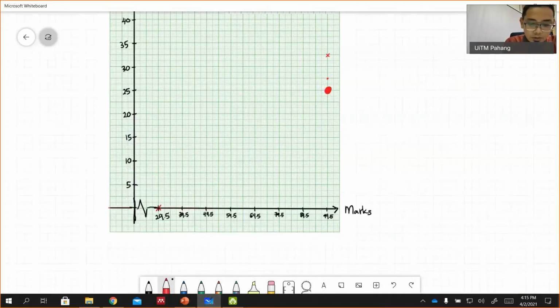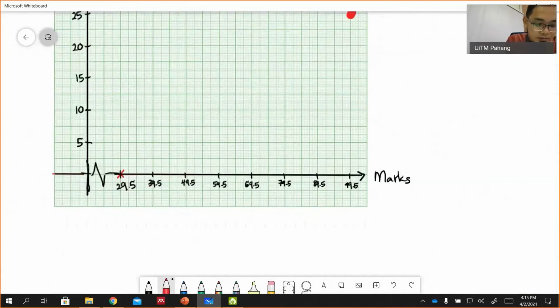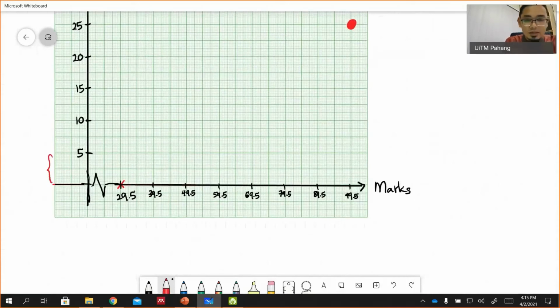We note that we have 10 small boxes represented by 5, meaning 2 small boxes is 1.